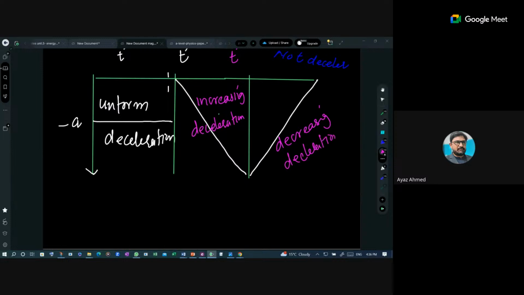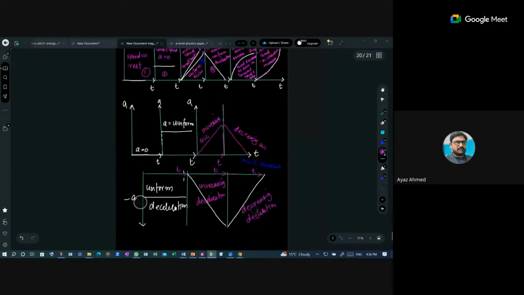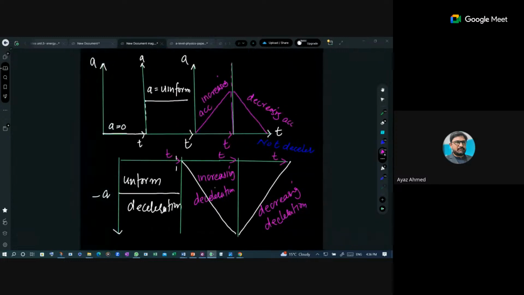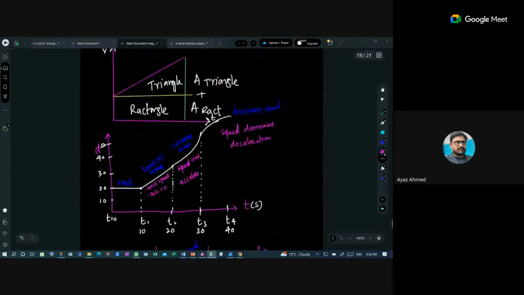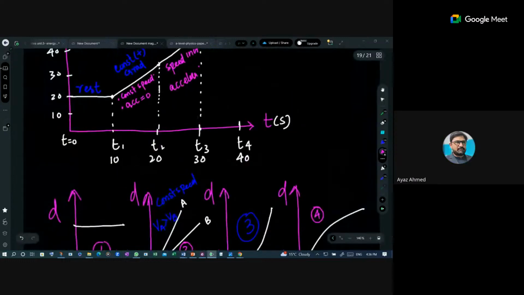So this is all about the graphs. I think it is much more detail than needed at your level. So we can now talk about the past paper questions for a while. Agreed? Yes. Okay.